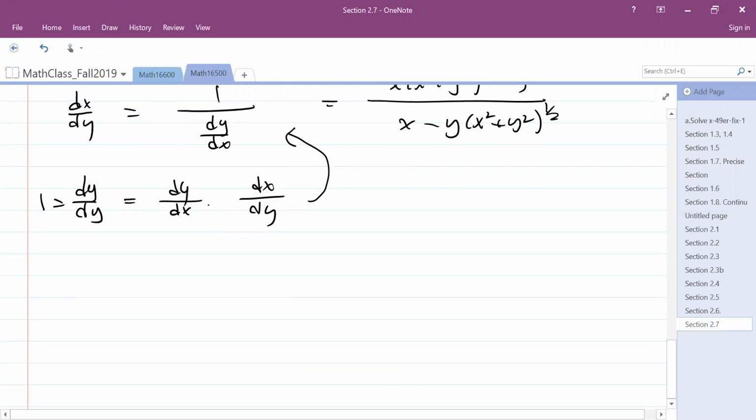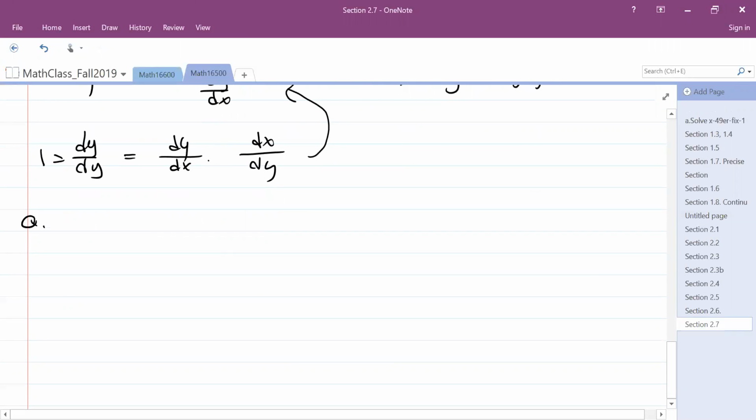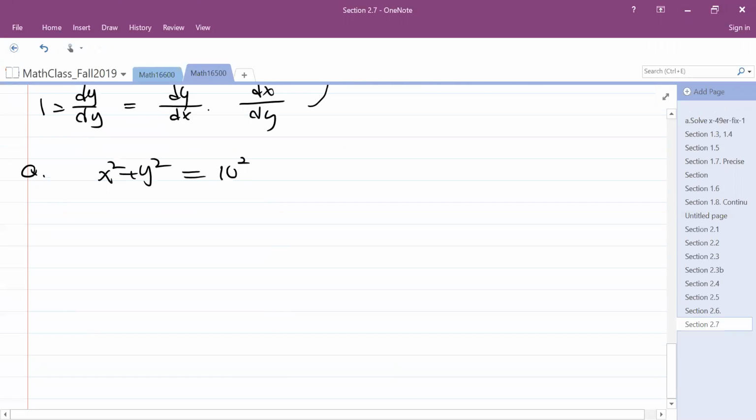For example, let's look at the first, simple one: x squared plus y squared equals 10 squared. Now what does that mean? Where is this from? If you look at a ladder, this is 10 feet long, and this is y, this is x, and no matter which position you put it in, x and y are related by this equation.